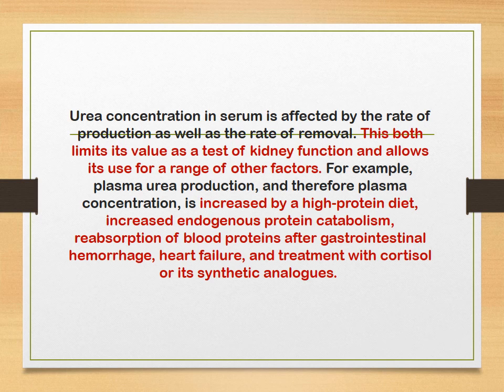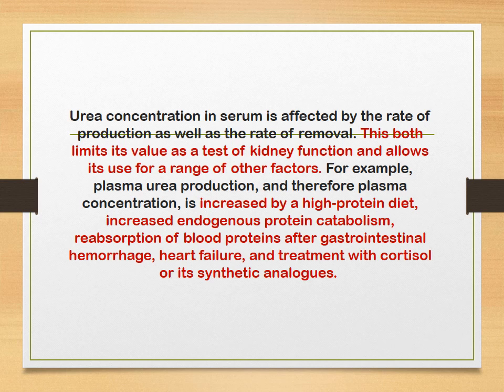So urea is affected by protein and amino acid production, and its level in the blood will be related to the rate of production. Urea in blood is increased by a high protein diet, which means high catabolism. Also by an increase in endogenous protein catabolism, and by reabsorption of blood protein due to GIT hemorrhage.